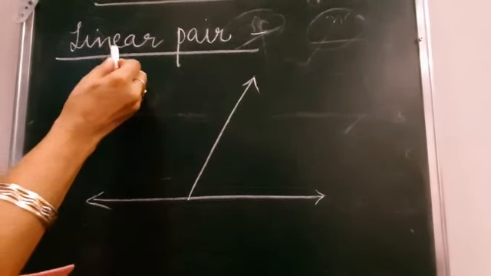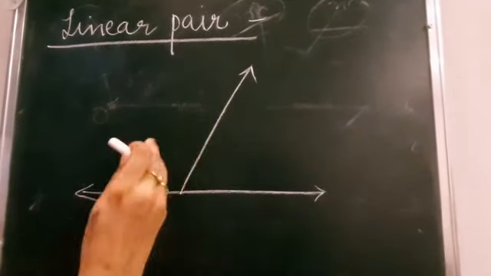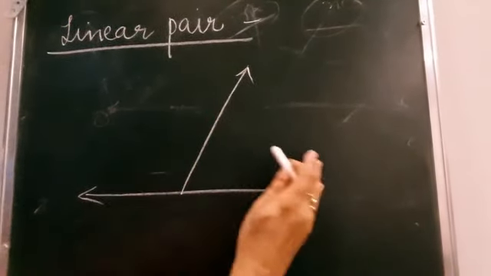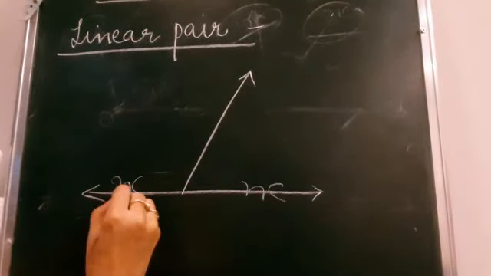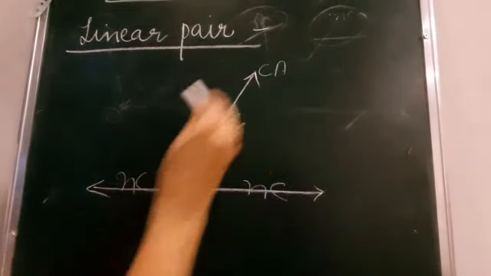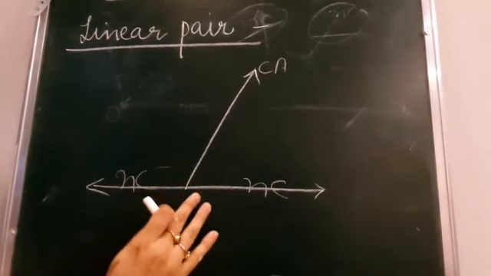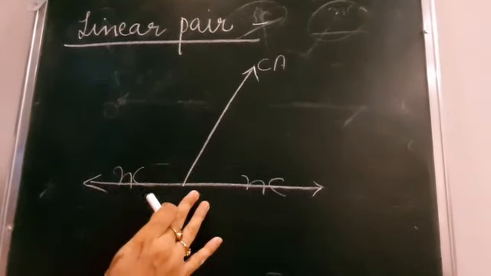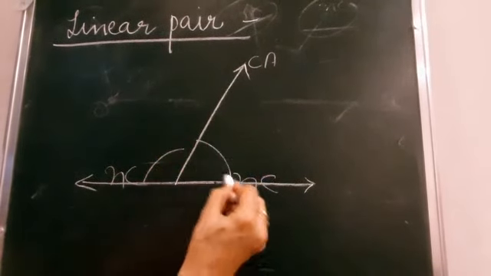Linear pair. A pair of adjacent angles whose non-common arms or sides are opposite rays. These are non-common, these are on opposite sides, and this is common. Just now I explained to you about adjacent angles. Now this is a pair of adjacent angles whose non-common sides are opposite rays and their sum is also 180.